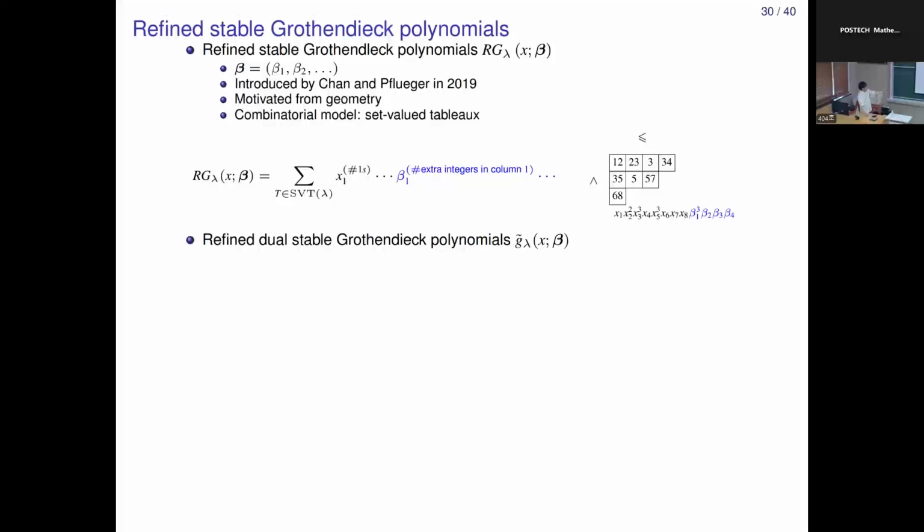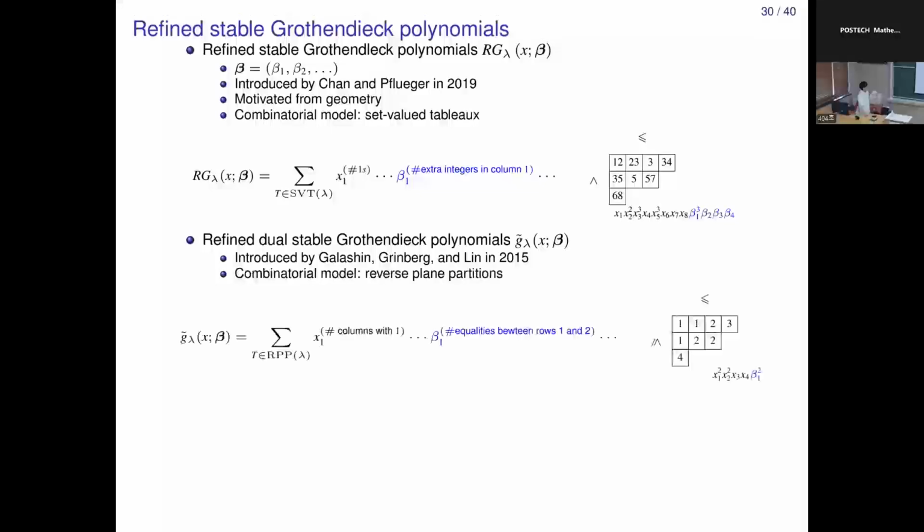And there is also a refined dual version of this with infinitely many parameters, introduced by these 3 people. They also have a nice generating function in terms of RPP. Again, the same object, the same way, except now beta counts the number of equalities between row 1 and row 2.